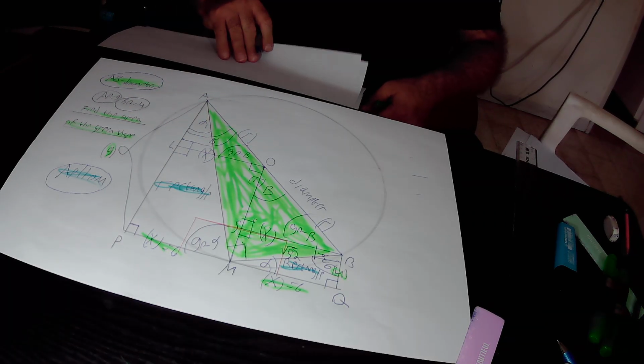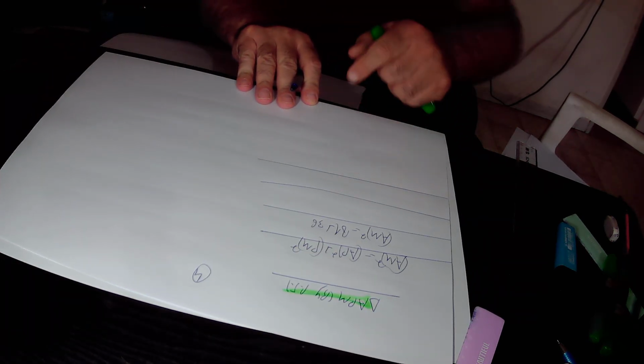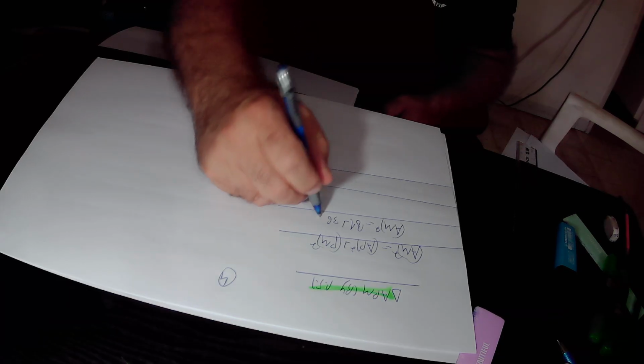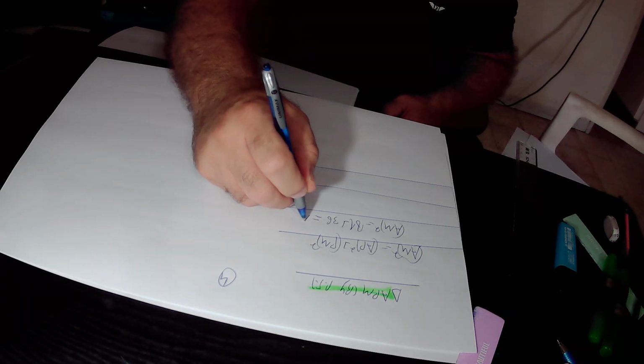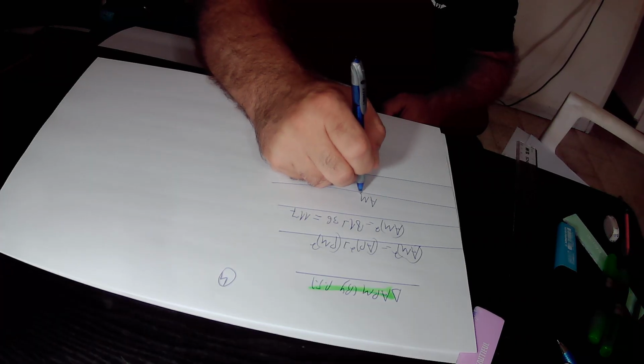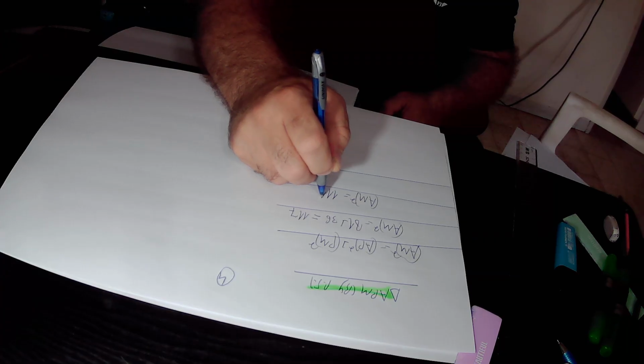So in total, we found out that AM squared equals 81 plus 36. 81 plus 36 is 117. So AM squared equals 117.